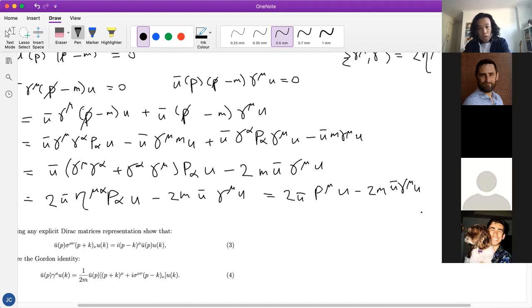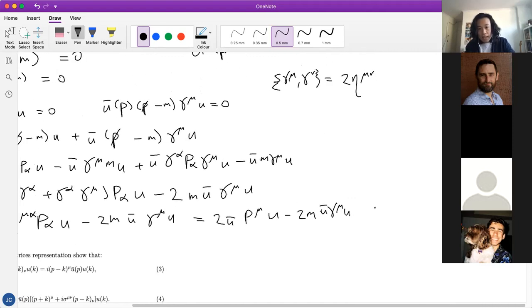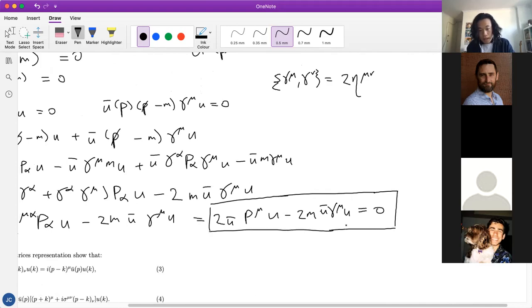Okay, so now that I got this and this is still equal to 0, let's just concentrate on this thing. And now let's look at just the mu equals 0 component. So for mu equals 0 component of this equation, it just says 2 U bar P naught U minus 2m U bar gamma naught U is equal to 0.